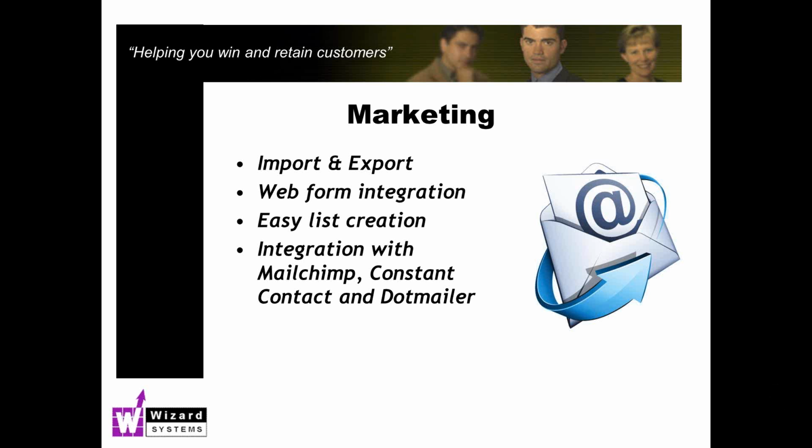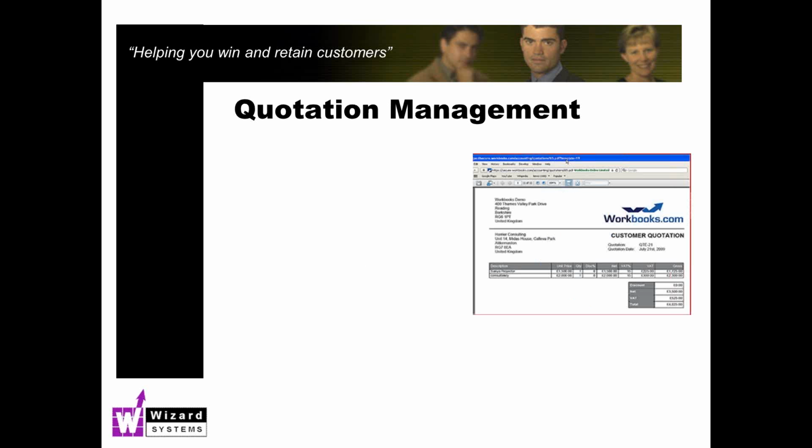But importantly, with the integration back into Workbooks comes information on who was sent that email, who opened the email, what links did they click on, were there any hard bounces, so maybe the email address doesn't exist for some reason, and some of your recipients may opt out of the mailings, and that's recorded back in Workbooks as well. So the Workbooks user has visibility against a customer record. They can see pretty much live all of the most recent email marketing activity there.